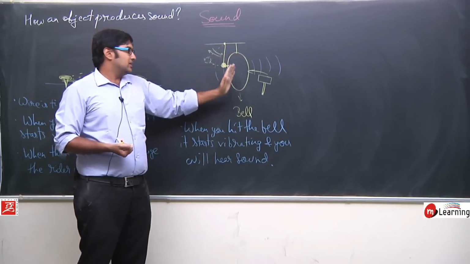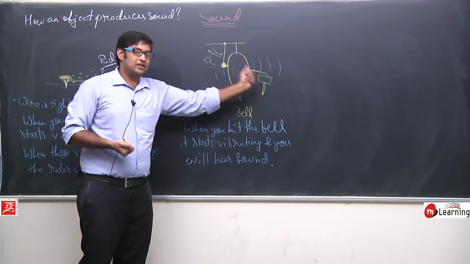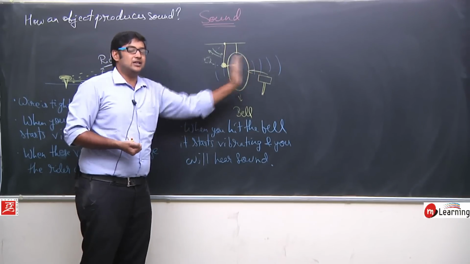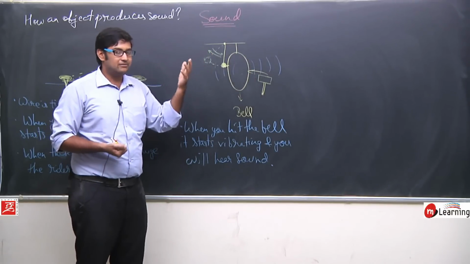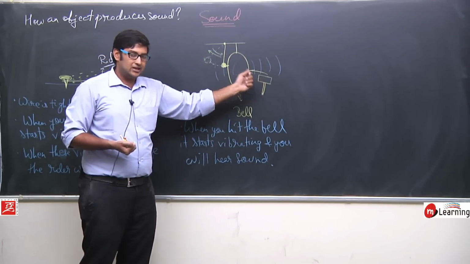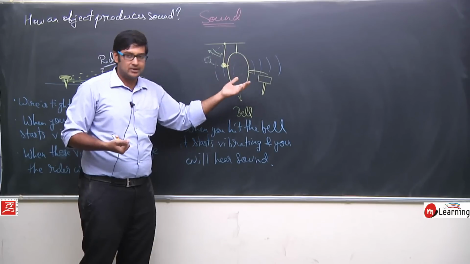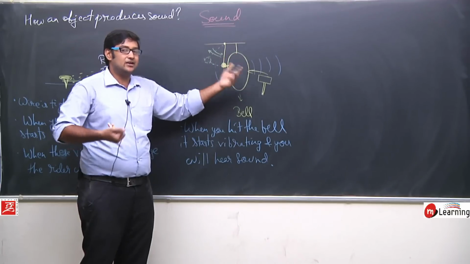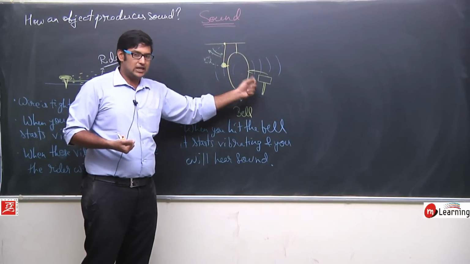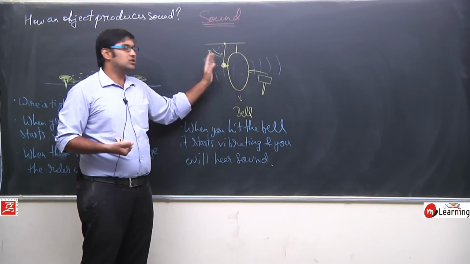So what is happening? When you hit this bell with the hammer, its vibration is transferred to this ball. When you hit this bell, it will produce sound, it will start vibrating, and the energy that it gained from this hit, it will transfer to this ball.